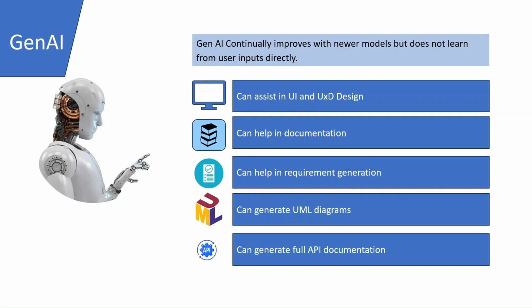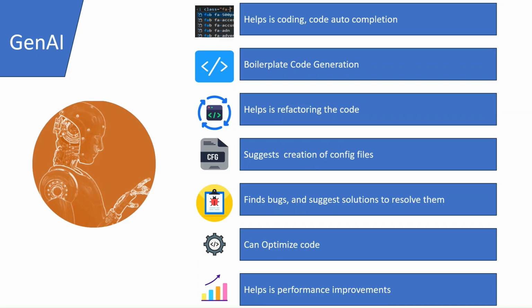Let's see some more. In the next slide, if you're seeing, GenAI is a best software development landscape for programmers, designers, developers, and many people by enhancing efficiency, productivity, and code quality.